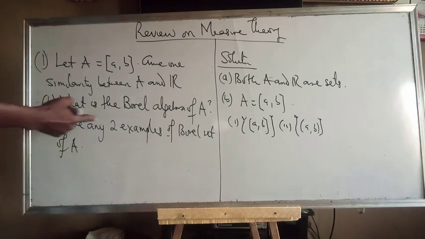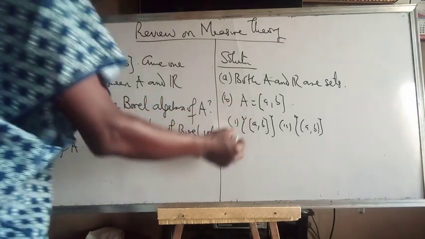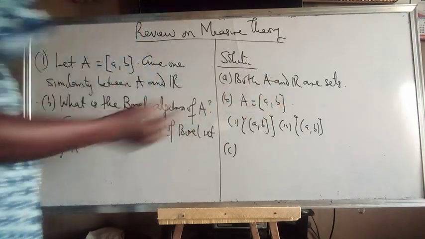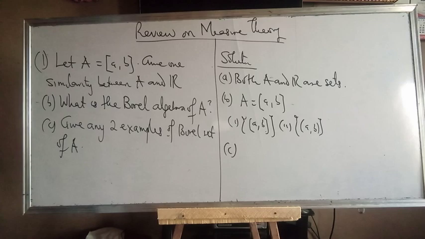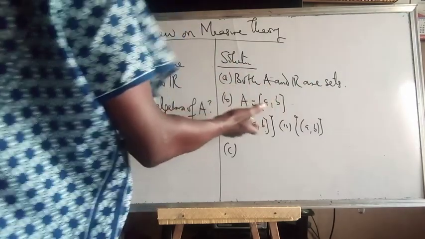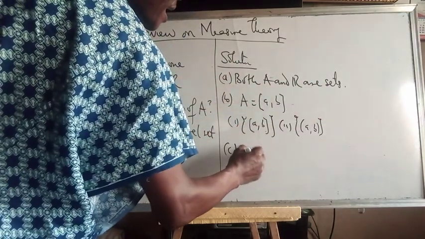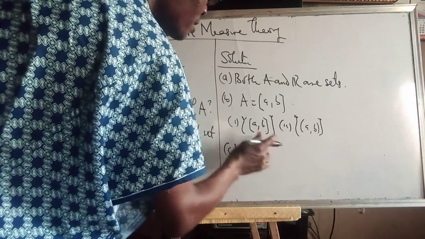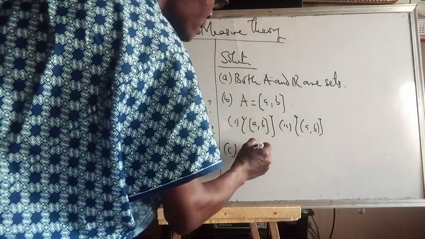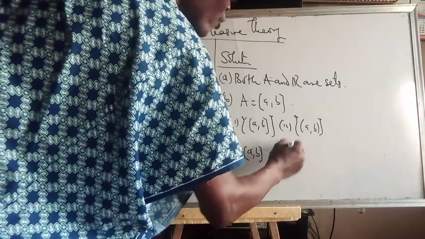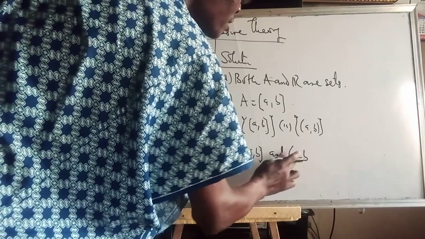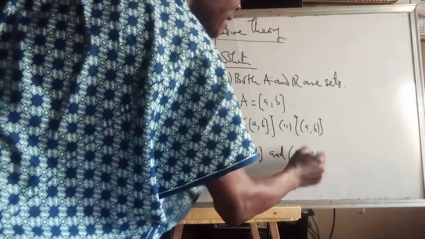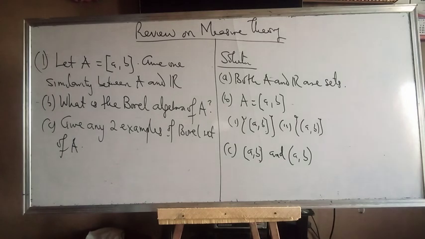Now, give any two examples of Borel sets of A. It's just like repetition. What are the elements that generate A? It's either [a, b], the closed one, or (a, b), the open one. It's like repetition, except for the difference in the use of curly brackets. That's all. But they missed it.